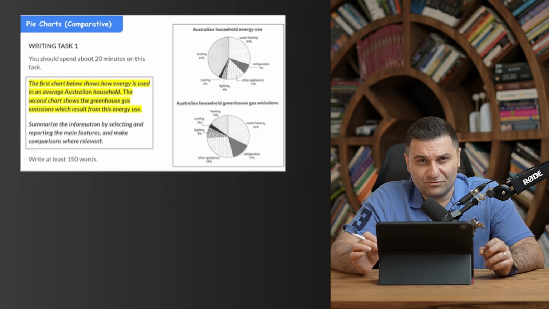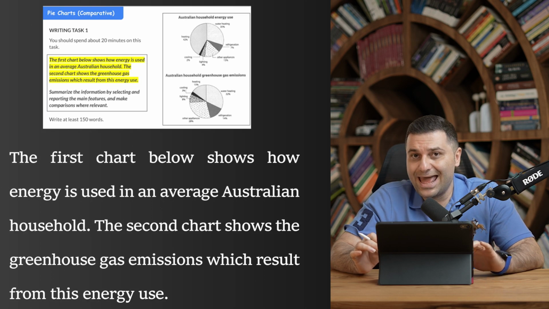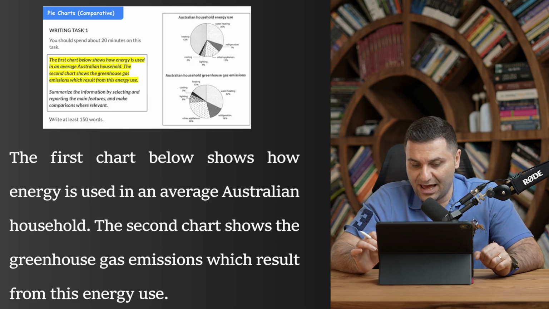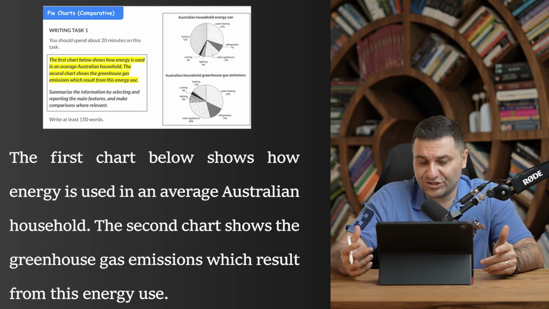Now let's read the question. The first chart below shows how energy is used in an average Australian household. The second chart shows the greenhouse gas emissions which result from this energy use. Right now, we're going to change the words. Let's read the question again.